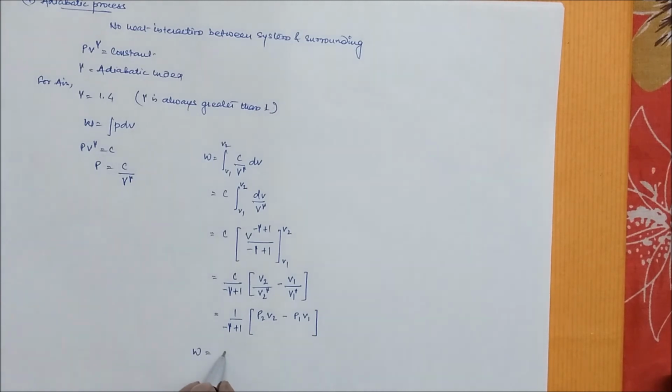So work done will be P1 V1 minus P2 V2 by gamma minus 1. We have just changed the signs. We bring this one in front as the sign is changed, and this one behind, and this is the formula for work done for adiabatic process.